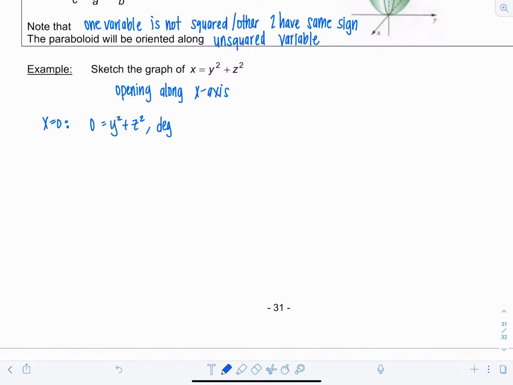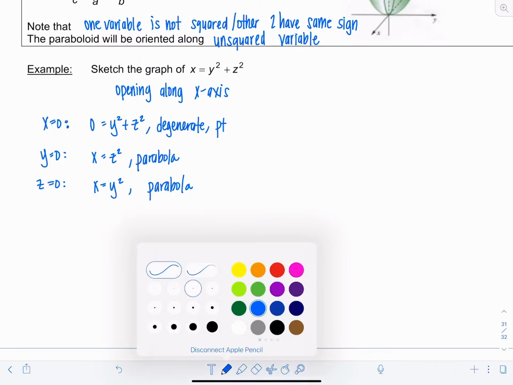That's degenerate. That's just a single point, 0, 0. Not interesting. Okay, if y is equal to 0, I get x equals z squared. That's a parabola in the xz plane. And if z is equal to 0, then I get x equals y squared. That's another parabola, this time in the xy plane.